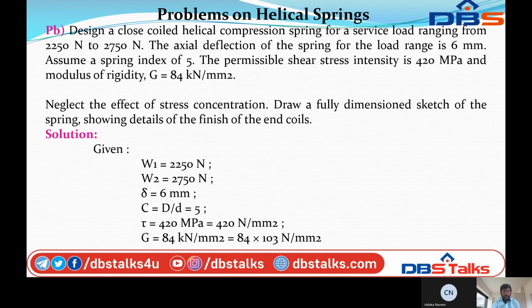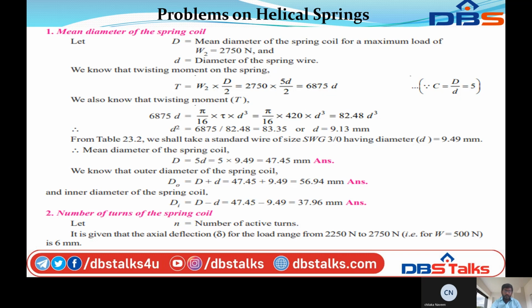So this will be converted to 420 Newton per mm square. And finally, modulus of rigidity G is equal to 84 kilonewton per mm square. That is equal to 84 into 10 cube Newton per mm square. So this is the problem, given data. So first calculating the mean diameter of the spring coil. So what is the mean diameter of the spring coil?